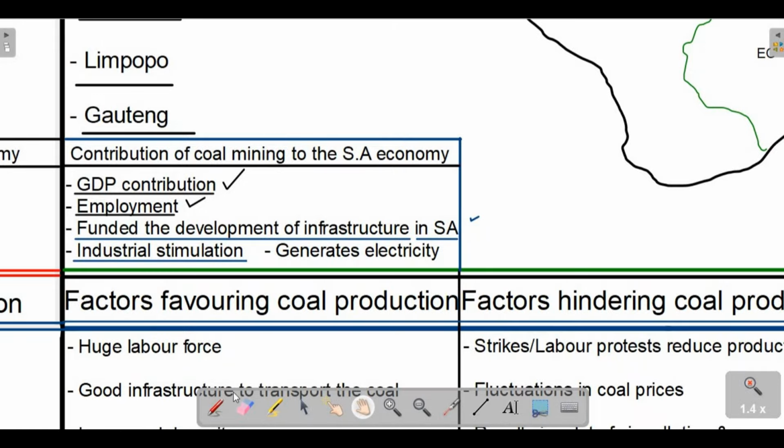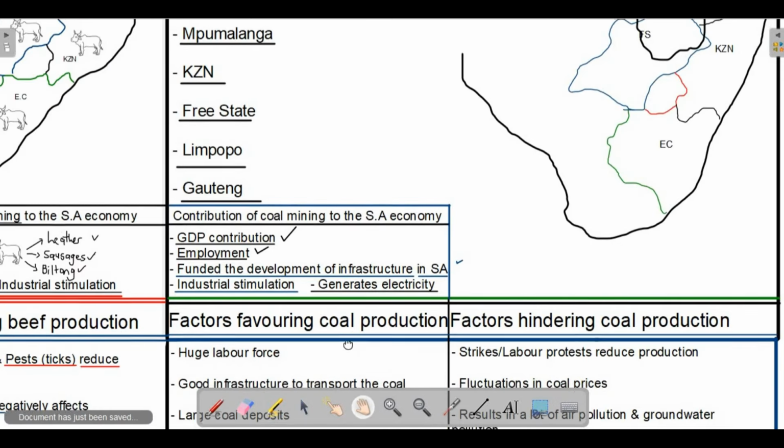So that's what we mean there. Okay, so the discovery of coal ensured that other industries that worked with coal developed. And coal mining essentially is important in the generation of power. So it generates electricity, Eskom, as I said, and so it's important to our economy.